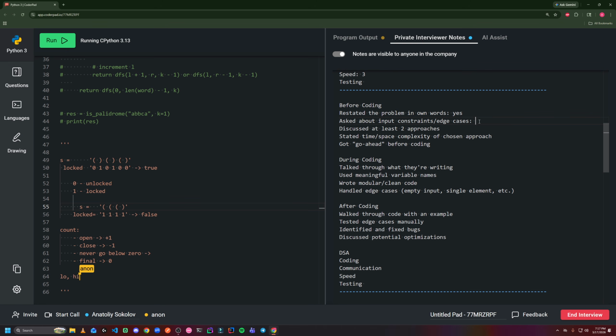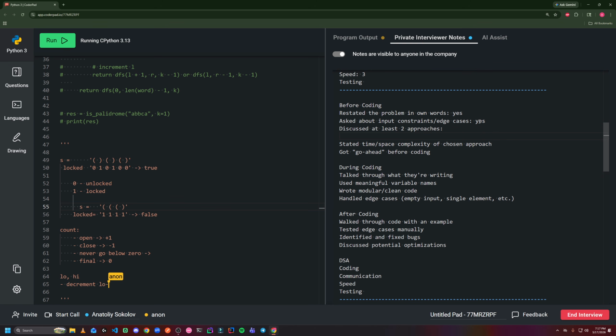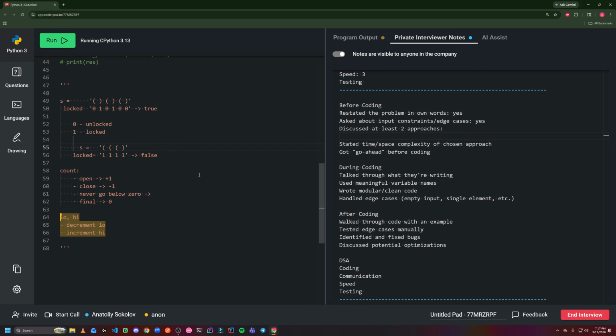We have a low and a high, and every time we encounter an unlocked paren, we decrement low and increment high, to represent the range of possibilities that we are still allowed to entertain.